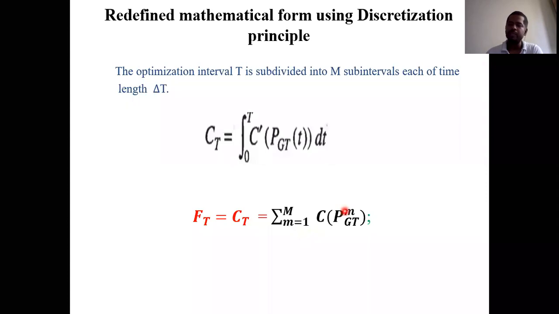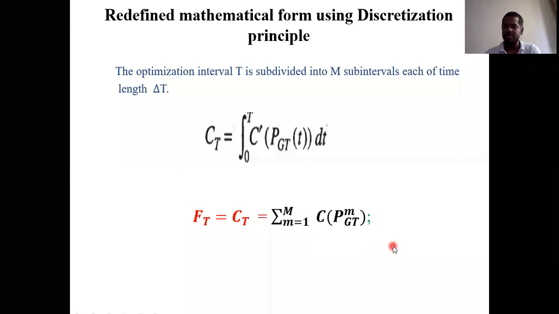It may be the third interval, the fifth interval, or the seventh interval. But this m value must vary from the minimum value to capital M, because capital M is the maximum number of subintervals. So small m varies from the lower limit to the maximum M value. Like this, you can convert the objective function from continuous into discrete form.